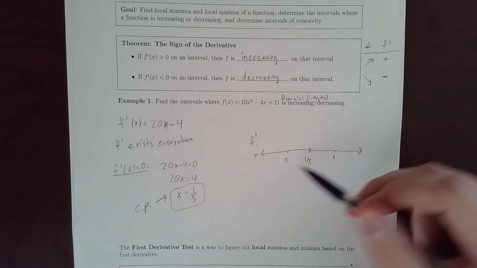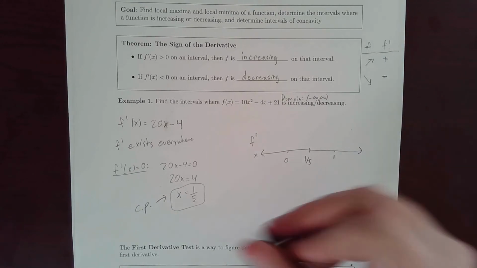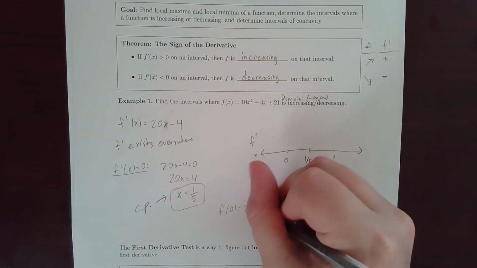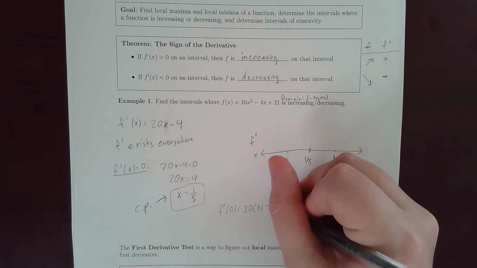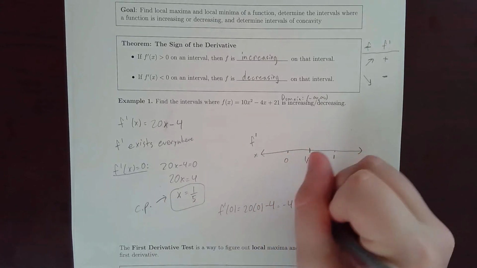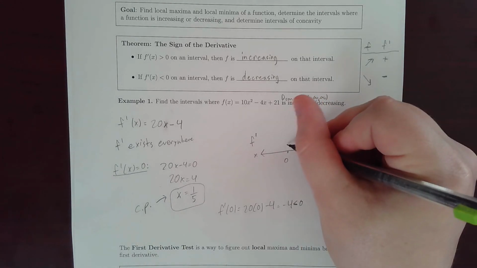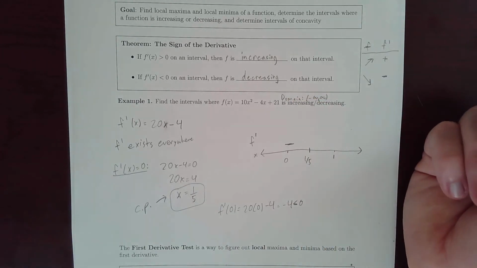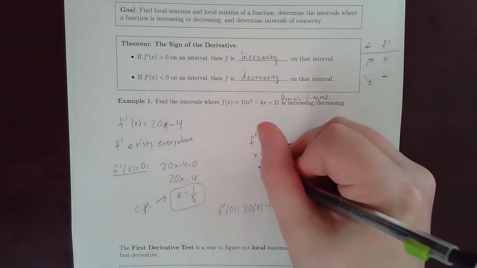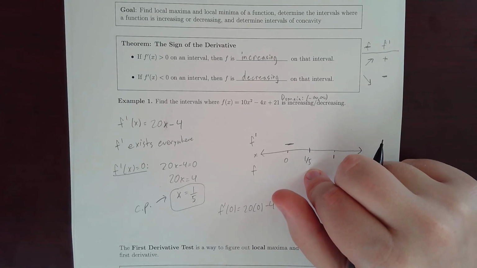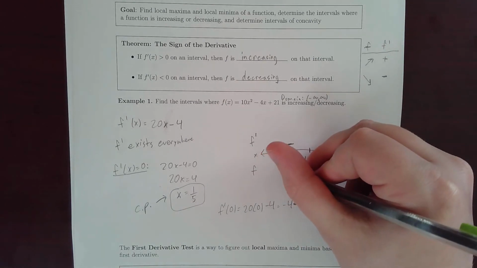So 0 is smaller than 1/5. If we plug in f prime of 0, that's 20 times 0 minus 4, which is negative 4, which is less than 0. So this is something that is negative. That means that when we're smaller than 1/5 on the x-axis, our function is decreasing.